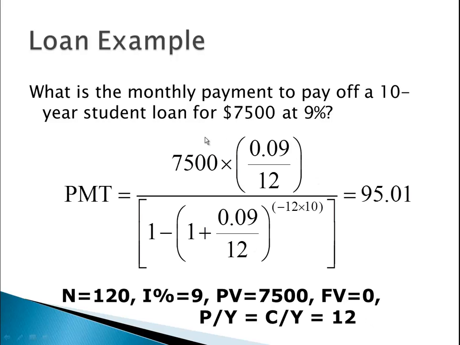When you plug that into the formula, I've got the present value 7,500, my interest rate per period, that's per month in this case, and then 12 times 10 for a total of 120 payments. When you crunch that out on your calculator, or use the TVM solver solving for payment, alpha enter on the calculator, you're going to end up with 95.01. So we're going to make monthly payments of 95.01 in order to pay off this $7,500 loan in 10 years.